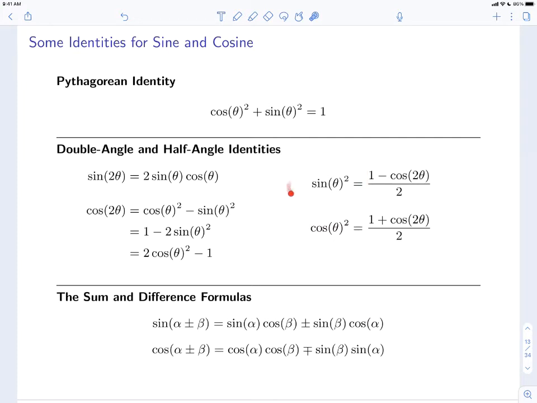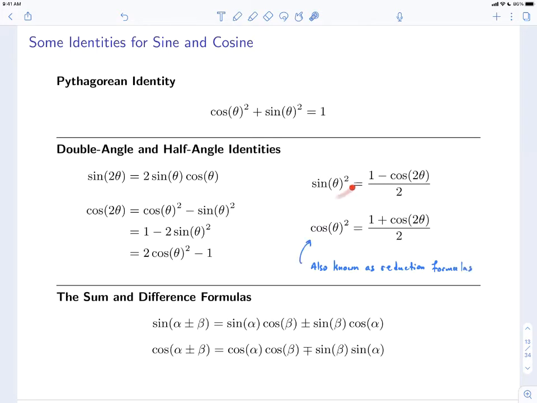We also have these identities here, which you can call the half-angle identities, or the reduction formulas. These are called reduction formulas because they reduce the degree.